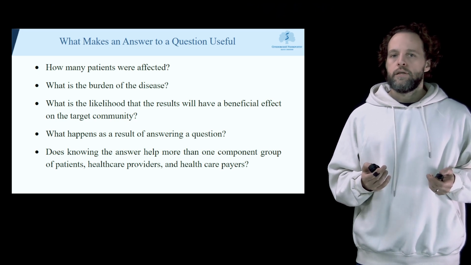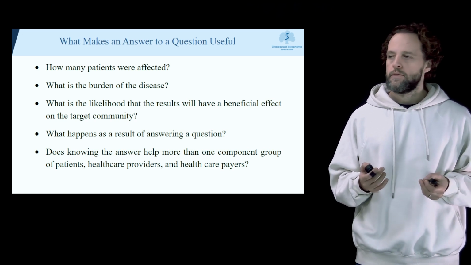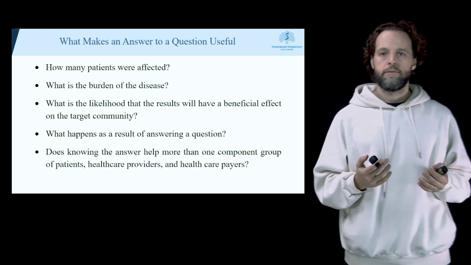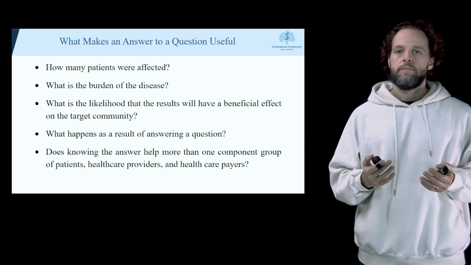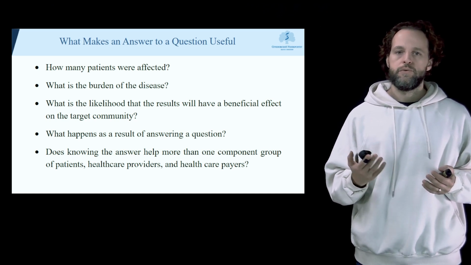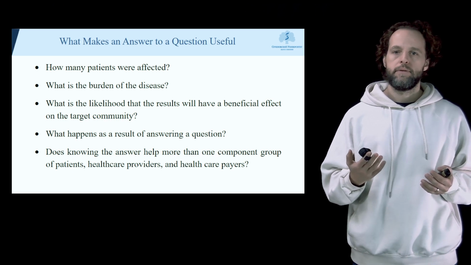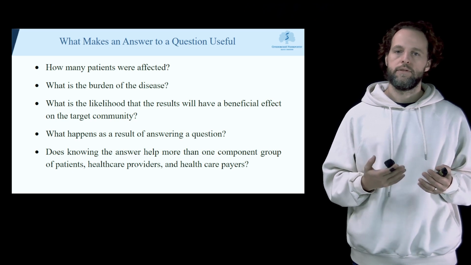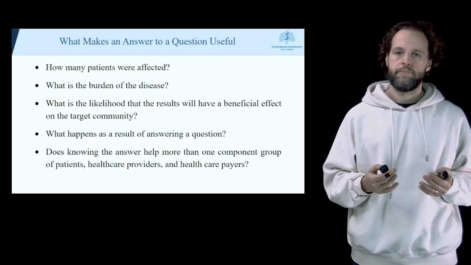What makes the question and the answer useful? First of all, how many patients were affected. What is the burden of the disease? What is the likelihood that the results will happen and will have a beneficial effect on this target community?